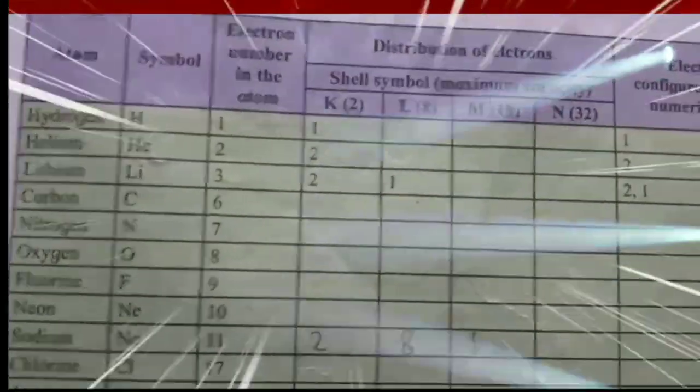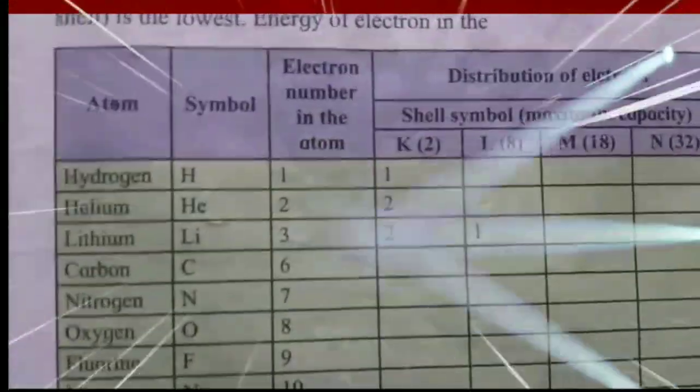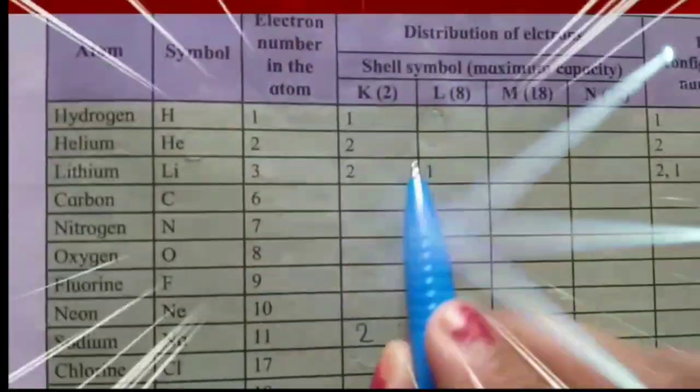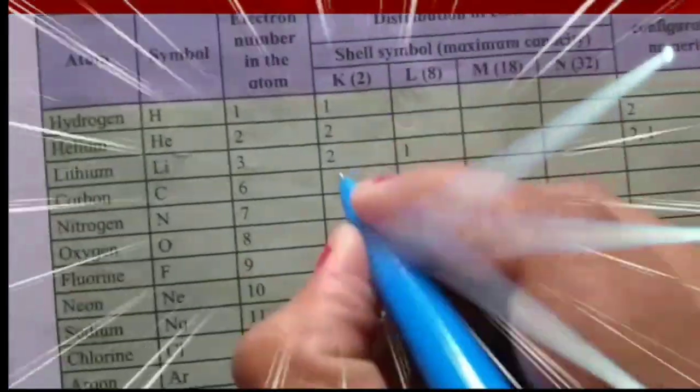Let us move towards carbon. See, carbon, it is C, that is 6. So here we will write 2 for the K shell.